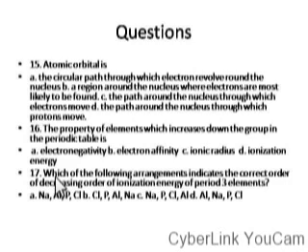Which of the following arrangements indicates the correct order of decreasing ionization energy of period 3? It means if you bring out the elements in period 3, which are sodium, aluminum, phosphorus, and chlorine, which one has the highest ionization energy, and which one will be next? That's the question. Across the period, ionization energy increases.